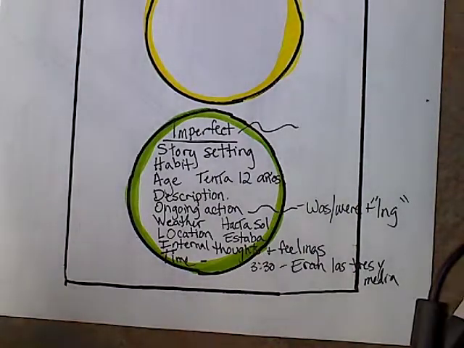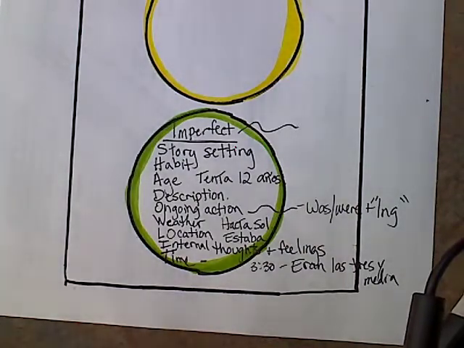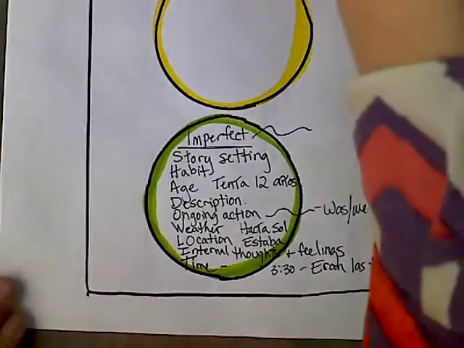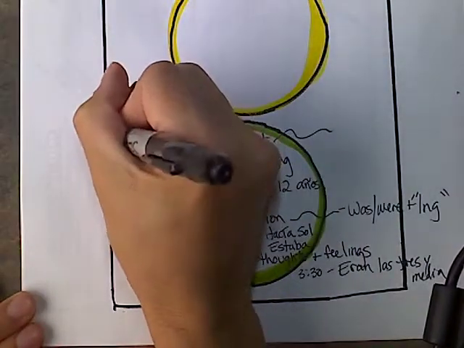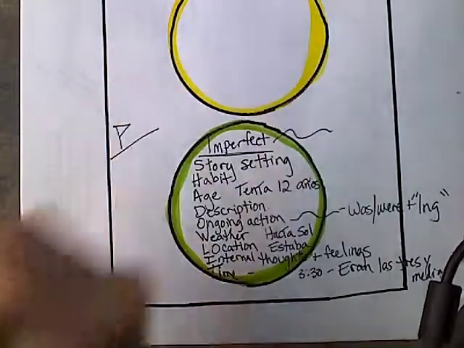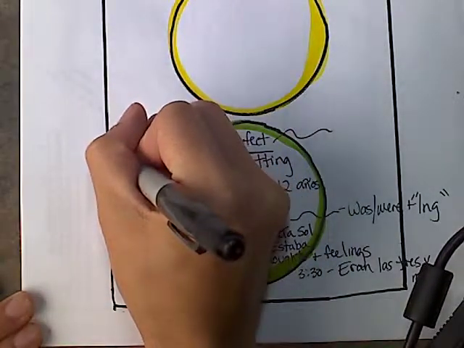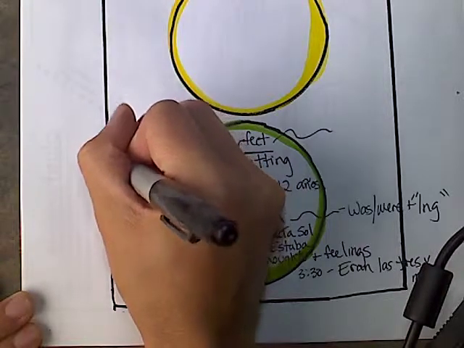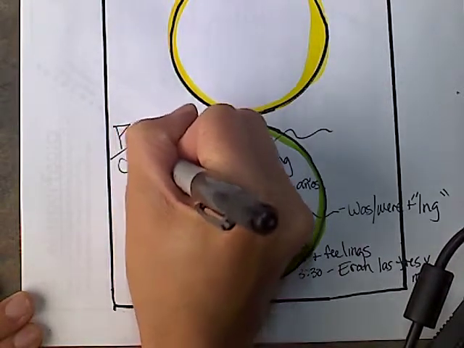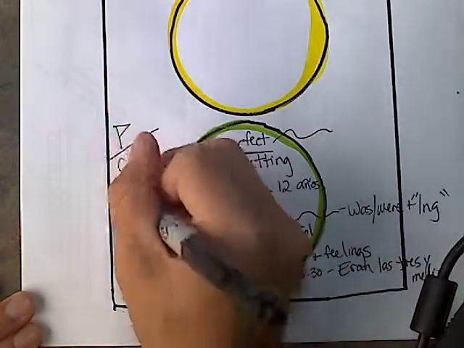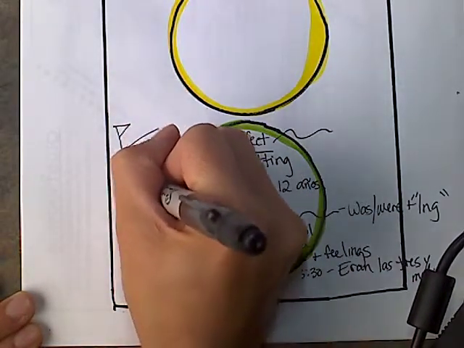So these are just rules. When you give a habit, an age, a description, weather, location, time, any of those things have to be in the imperfect tense. But we also have what we call the flag words for the imperfect tense. And those include words like cuando. Okay. Siempre.